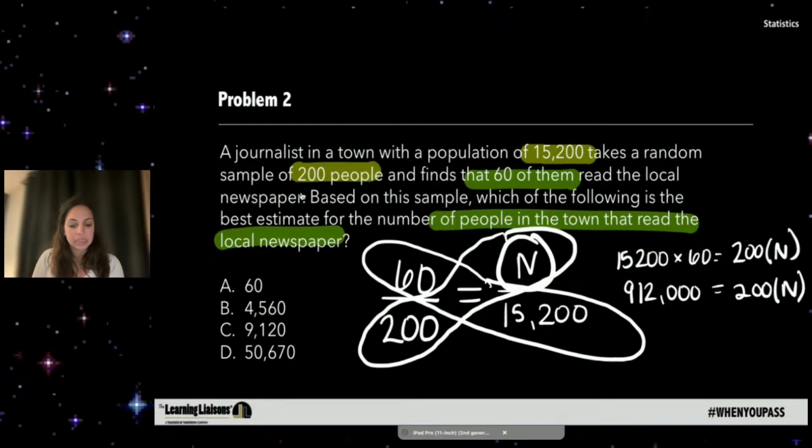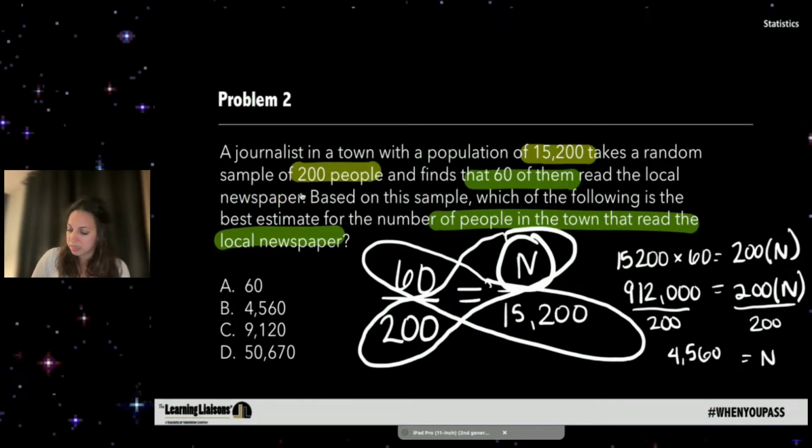Then to isolate n, to undo what's being done, I'm going to divide everything by 200. And I get n equals 4,560. Like I said, this is just a very basic proportion problem.